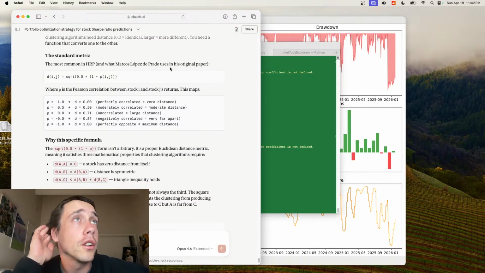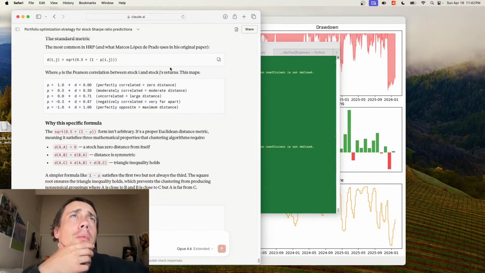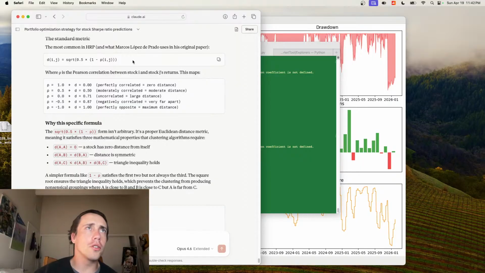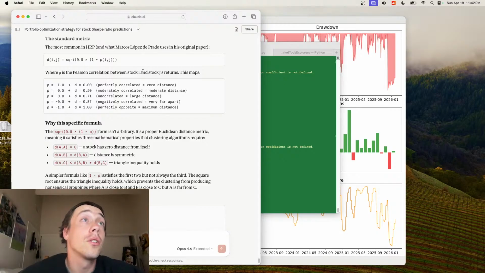You need a function that converts one to the other. The most common in HRP, and what de Prado uses, is the distance equal to the square root of 0.5 times 1 minus the correlation of the two. That's pretty easy. Where rho is the Pearson correlation between stock i and stock j's returns.